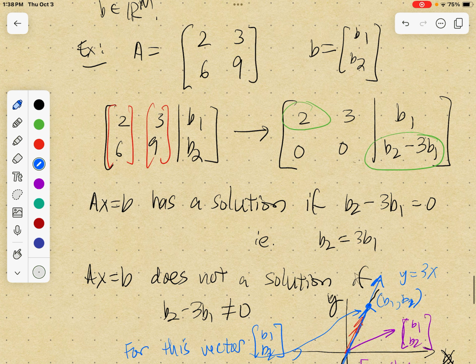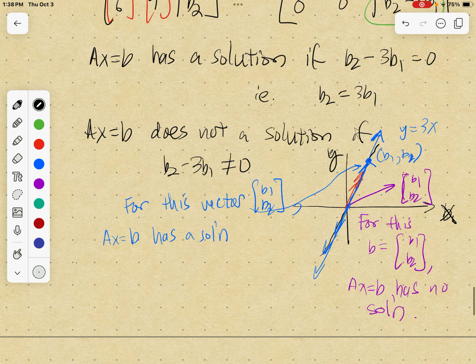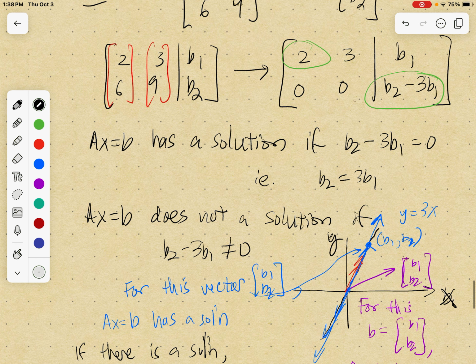And in fact, suppose that AX equals B does have a solution in this example, how many solutions are there going to be? Well, if there is a solution, what's going to happen with this matrix?